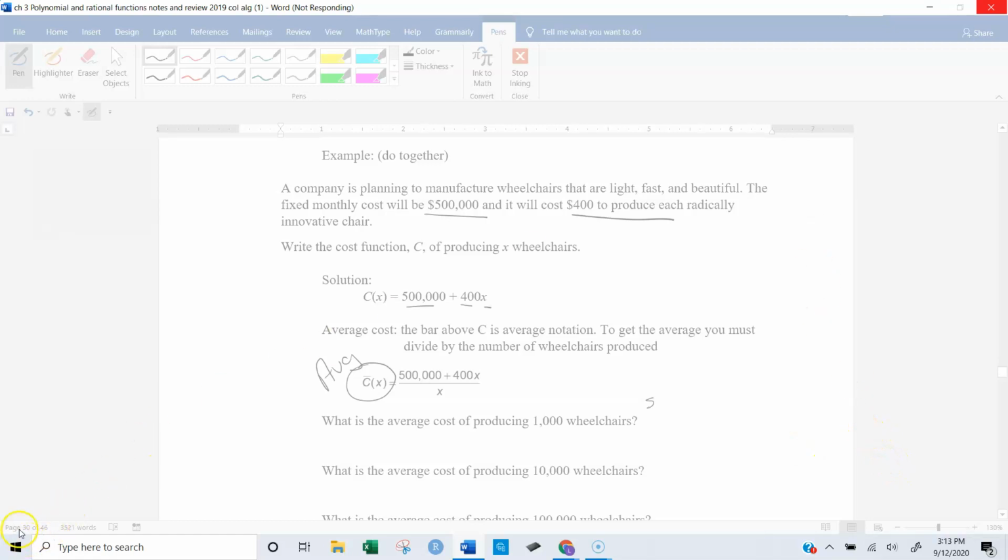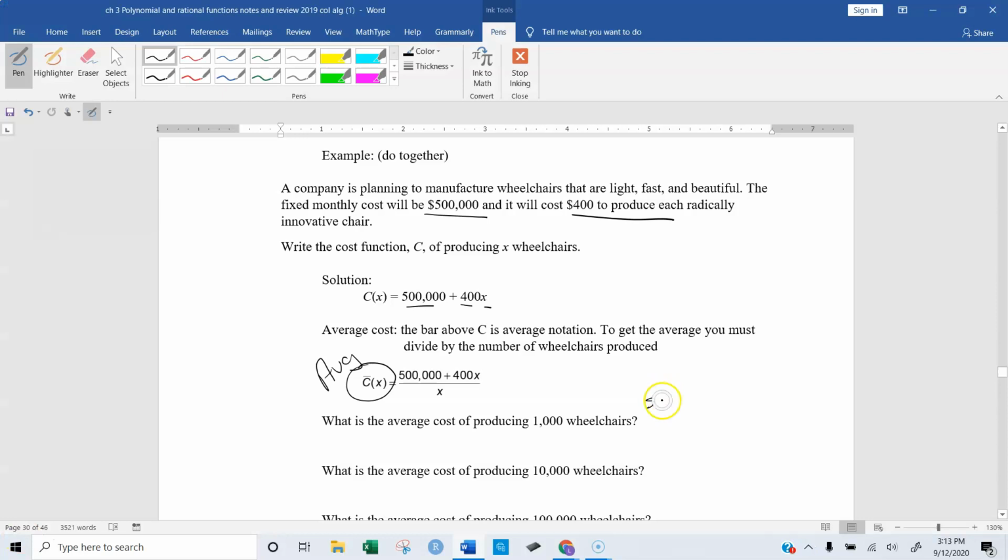So 500,000 plus your 400,000 all over your 1,000. When you did that, you should have got 900,000 divided by 1,000, giving you your cost is $900 to produce 1,000 wheelchairs.